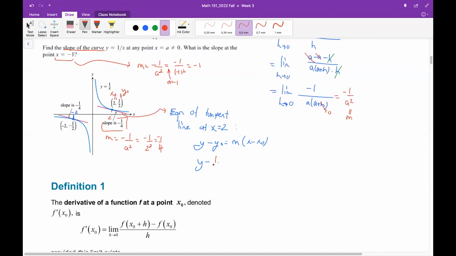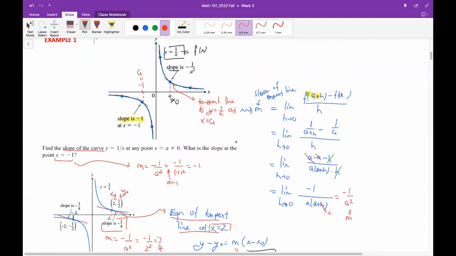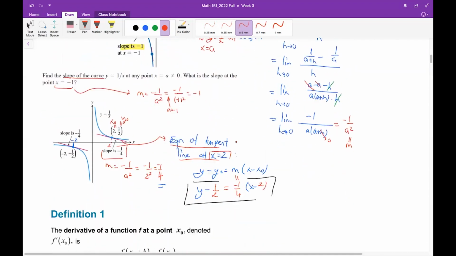That's why y minus 1/2 is slope minus 1 over 4. We already found it here. Then x minus x0, where the point is 2. So this expression gives you the equation of the tangent line drawn to your curve at this particular point, okay? I hope everything is clear with this example.